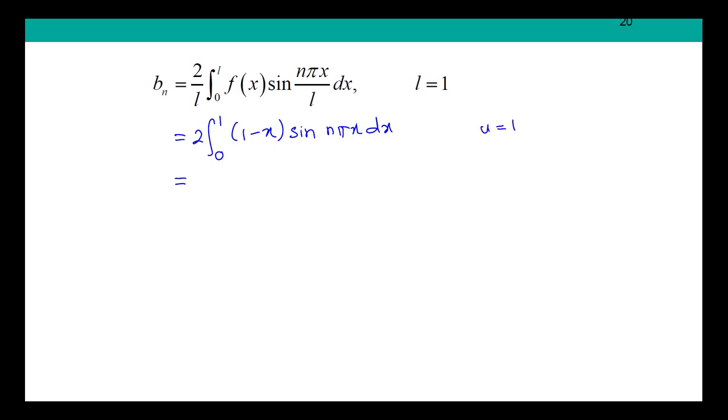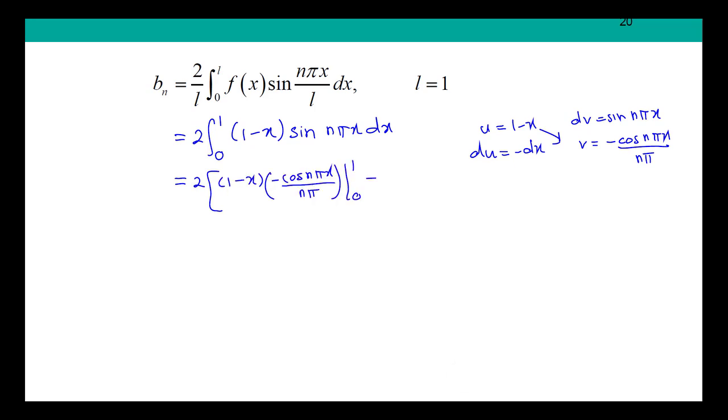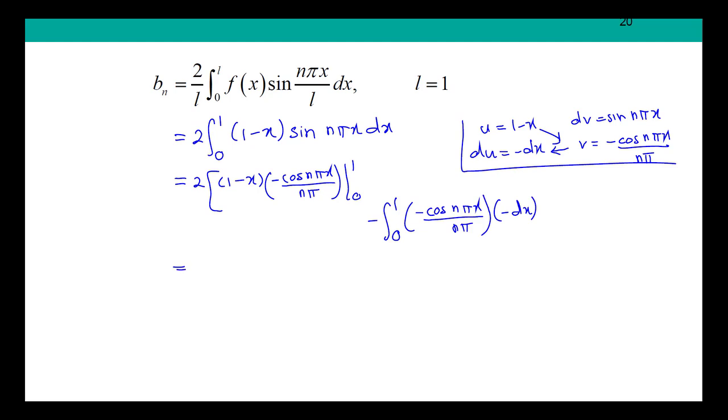Okay, let u equal to 1 minus x, du equal to negative dx, and then dv equal to sine n pi x, and then v equal to negative cos n pi x divided by n pi. So 2, uv minus v du.